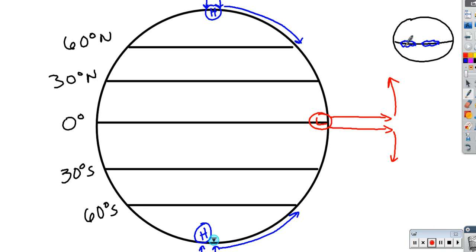So this is aloft. The air is diverging away from the equator, right? And now because of the Coriolis force, the air that's moving away from the equator is moving to the right of its path in the north, to the left of its path in the south.